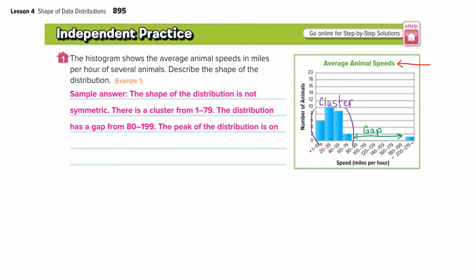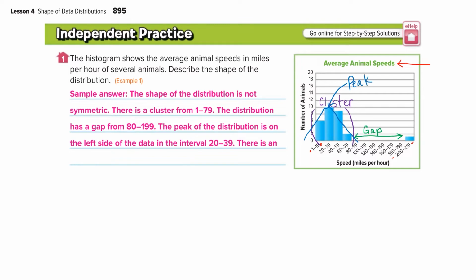The peak of the distribution is on the left side of the data in the interval 20 to 39. So if we were to make this a mountain, the peak would be right there.